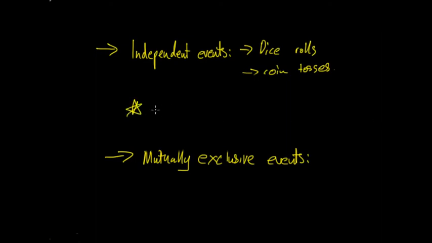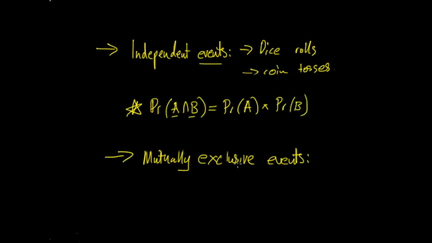The mathematical definition for independent is that the probability of A intersection B, so these are the events we're talking about, A and B, equals the probability of A times the probability of B. Now remember what I said about intersection. You can sort of think about this as both. So the probability of A occurring and B occurring equals the probability of A times the probability of B. Normally I like thinking logically about these questions.